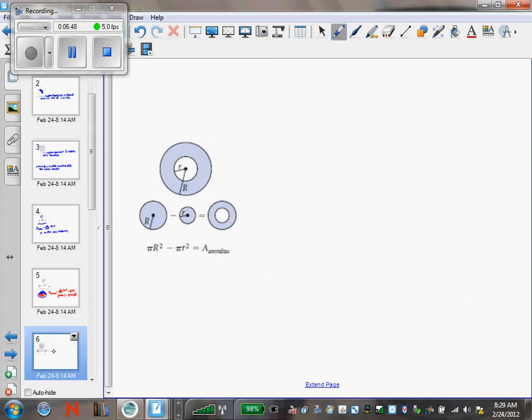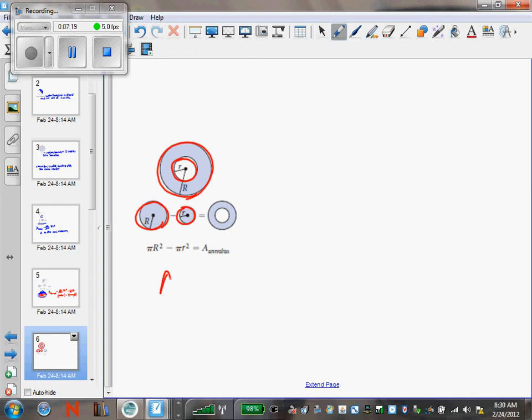The last one you could probably figure out on your own. You're going to take the area of the big circle minus the area of the little circle to give you the area of the annulus. Here you can see the big circle. Find that area, that would be the area of the whole thing. We're going to subtract out the circle in the middle to be left with the donut, or the annulus.